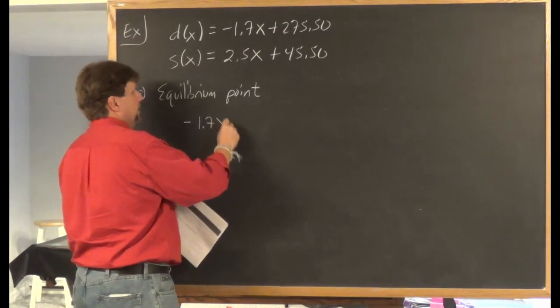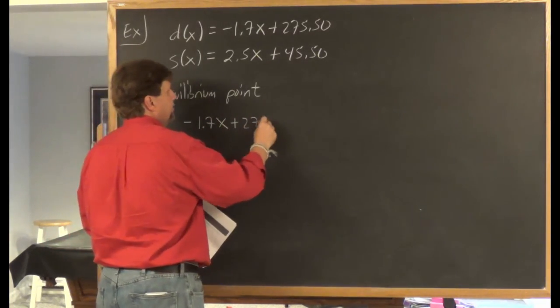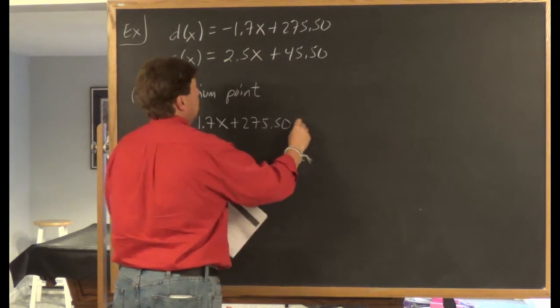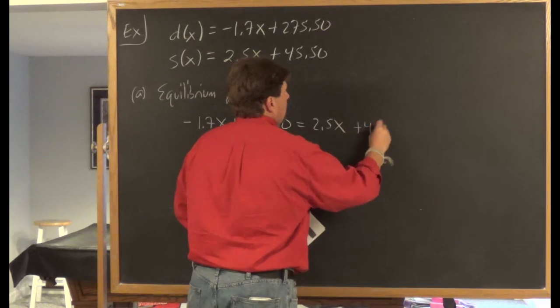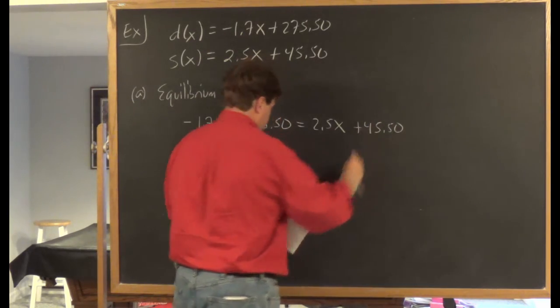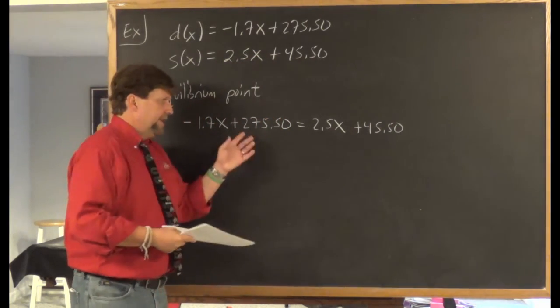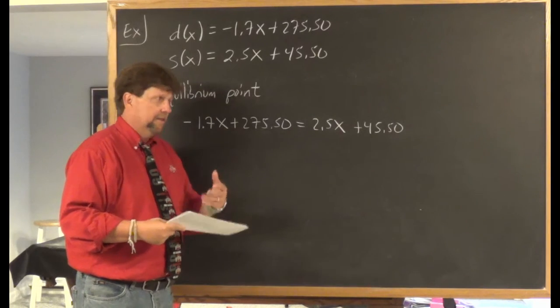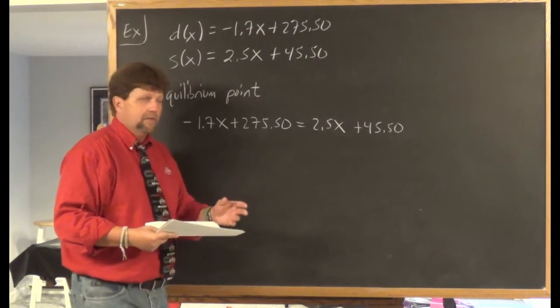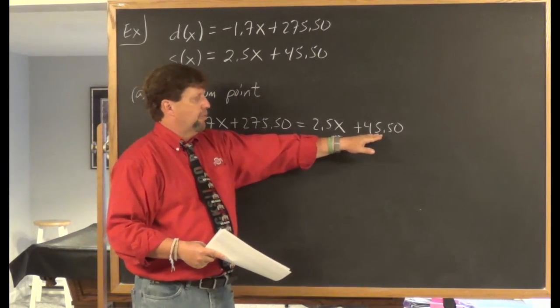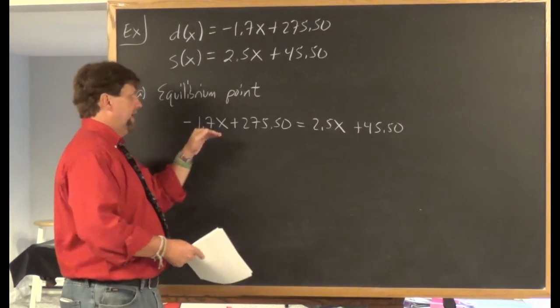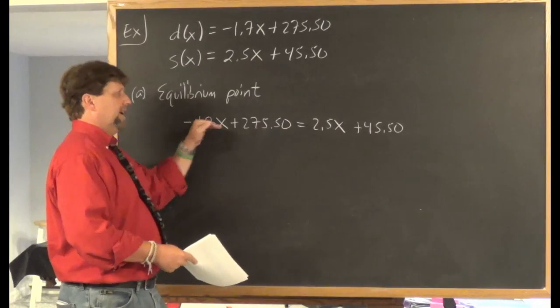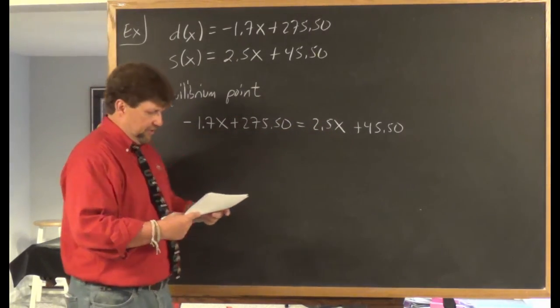Negative 1.7x plus 275.50 equals 2.5x plus 45.50. We just have to solve this equation for x. I'm going to do two steps at once. I'm going to subtract 45.5 from both sides of the equation, and I'm going to add 1.7x to both sides of the equation.